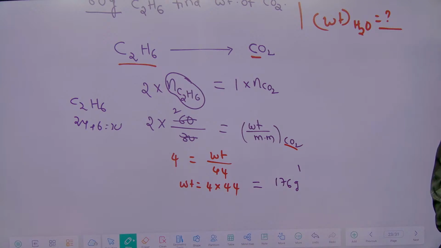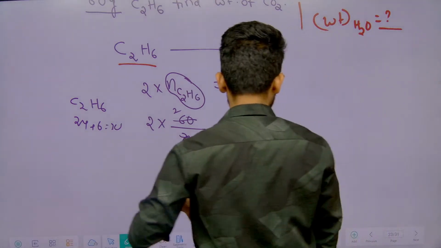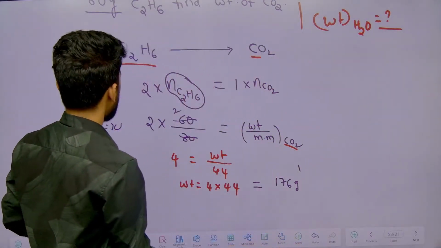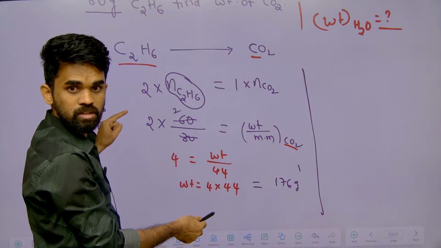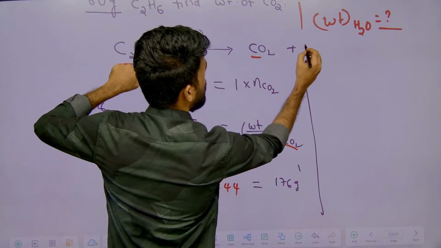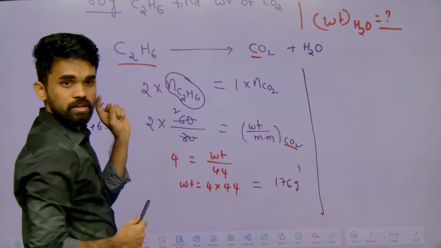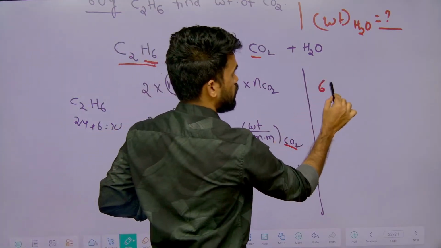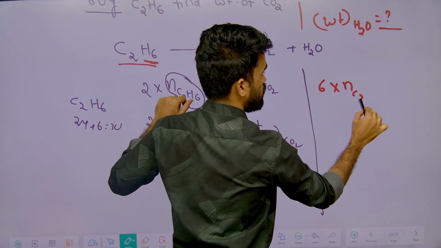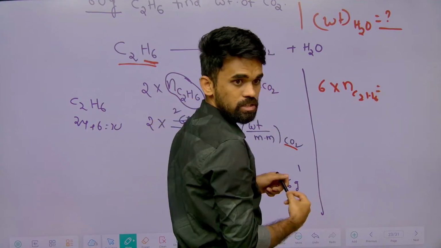Everyone same answer? Yes, then it is correct only, I think. So how to do, tell me? How to construct this equation? From here only we need water. So how many hydrogens here? So 6 into number of moles of C2H6 ethane equals that side.